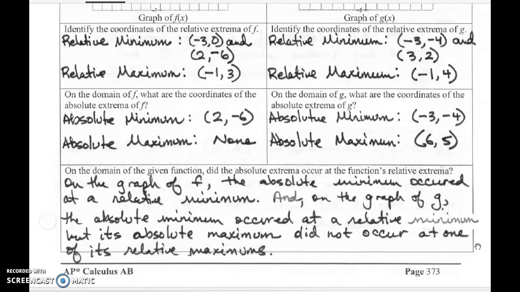Don't automatically assume that's the case, because I could have flipped all those graphs. If I flipped f over the x-axis, it would have had no absolute min, and same thing with g. So what we'll be investigating with the extreme value theorem is where those absolute extrema occur.